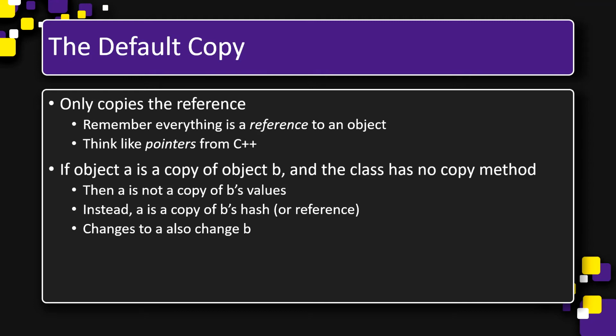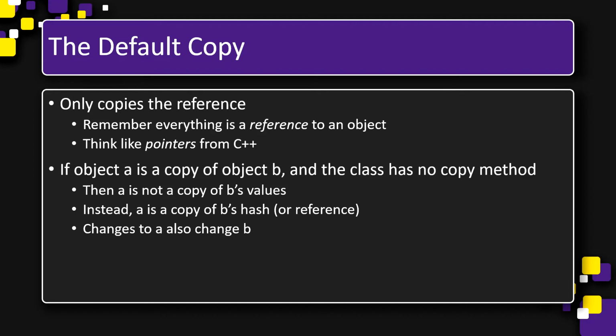If object A is a copy of object B, and the class has no copy method, meaning that we didn't define a way for these things to be copied, and we set A to B, right? So new object A equals old object B, then A is not a copy of B's values.